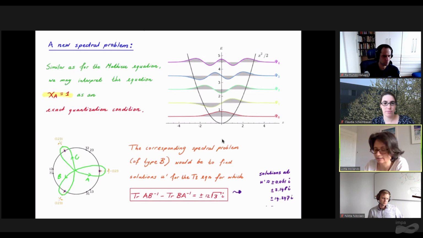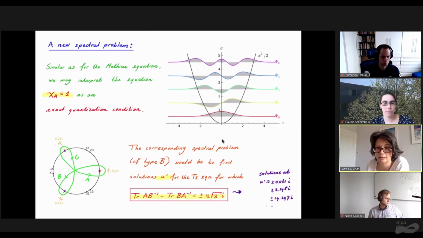So it turns out that this spectral problem is given by this: you want to find the solutions U prime for the T3 equation, for which the monodromies satisfy one of these two equations.